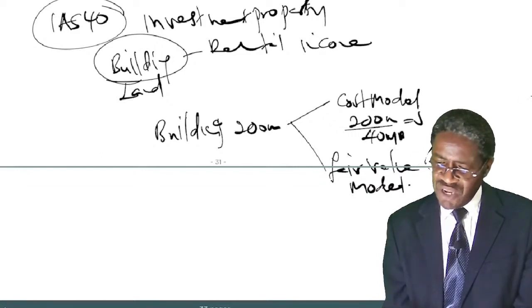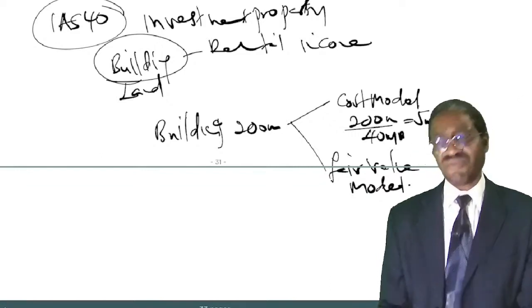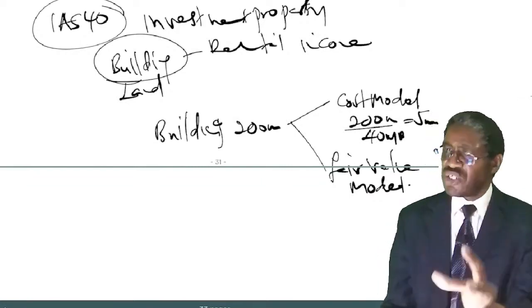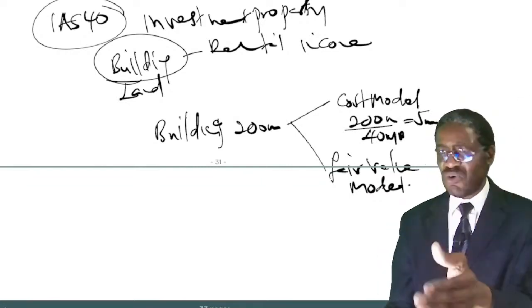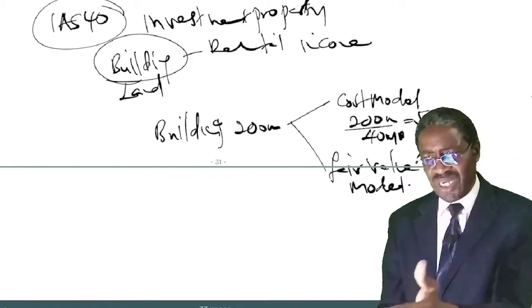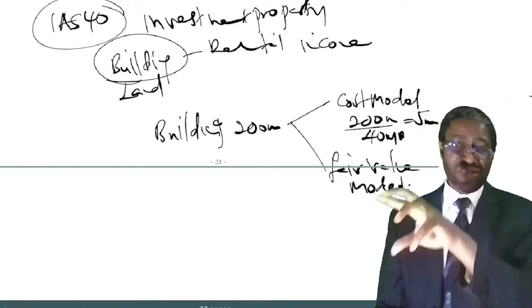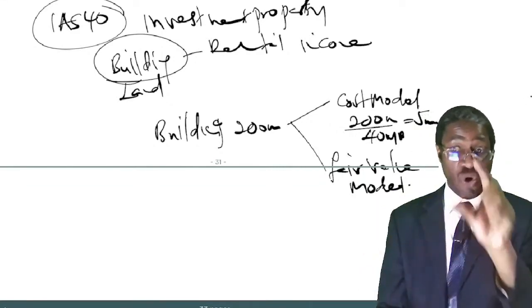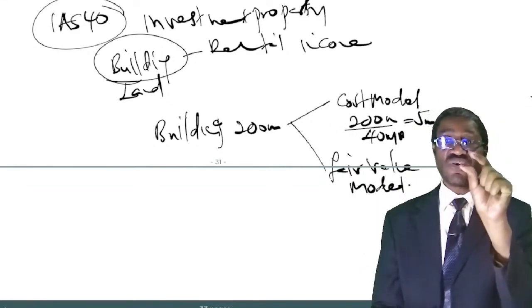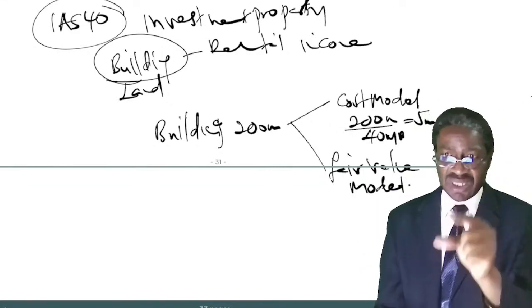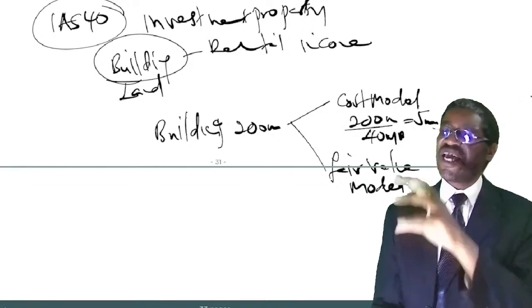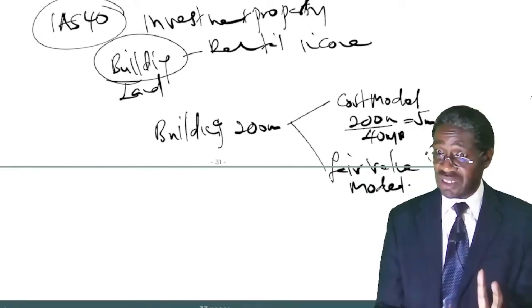So every year you'll be depreciating it by how much? 5 million. So in the balance sheet of year one, it will have a book value of 195. Second year, 190, 185. That way. So that's one method. Cost model, where you deal with it like any other fixed asset.